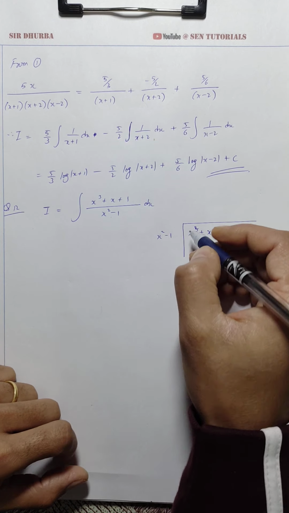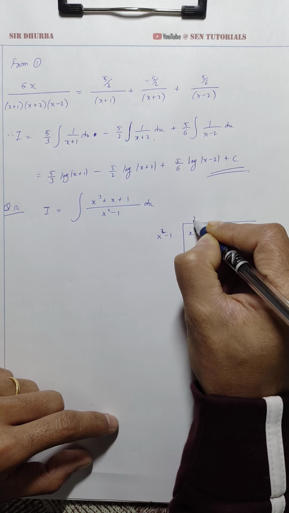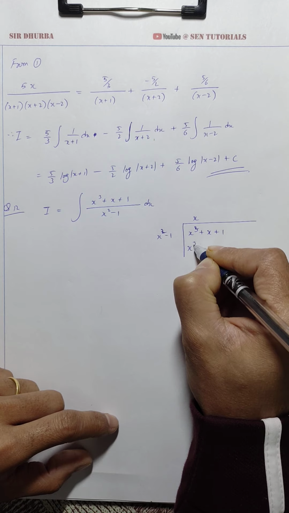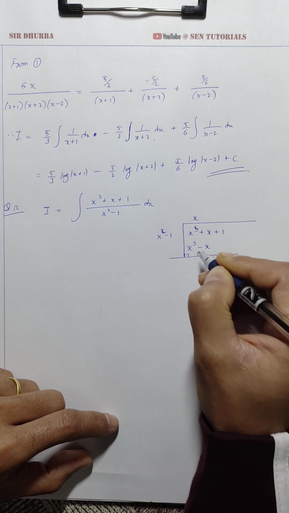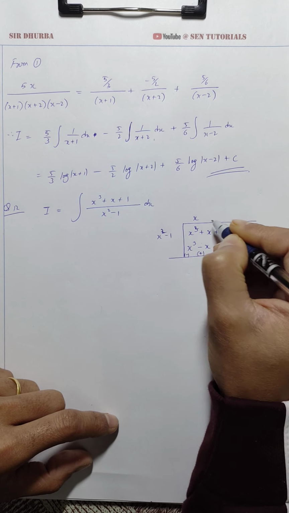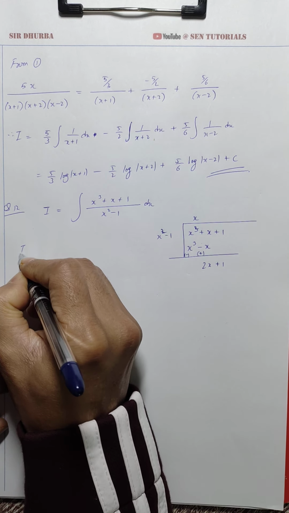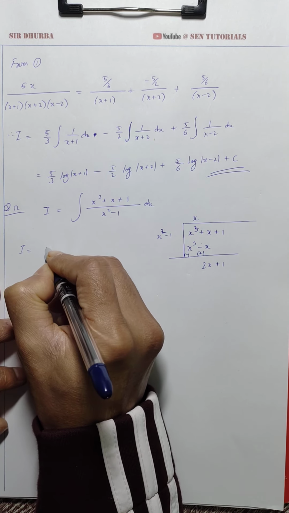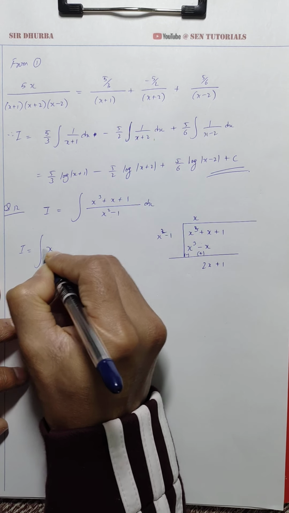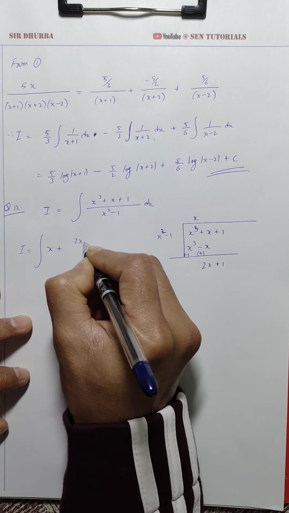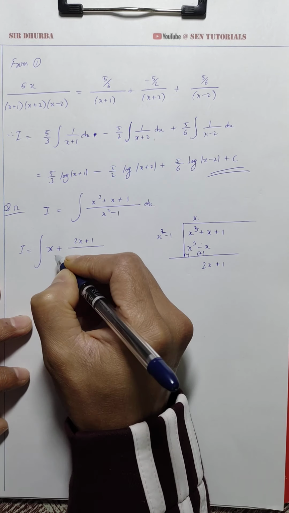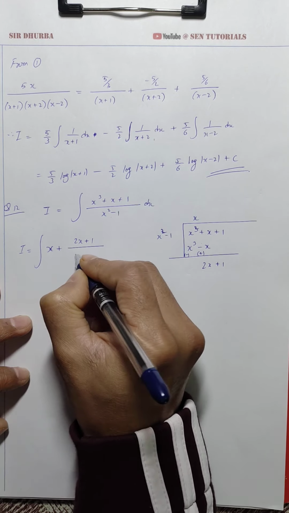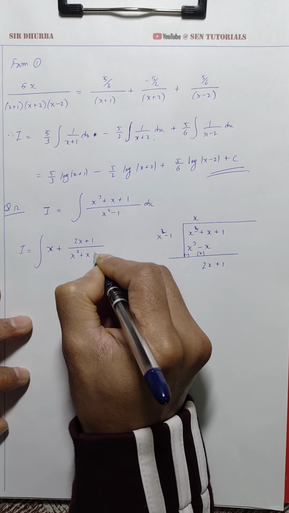Okay, so let's divide. So that's x, so that is x cube minus x. Division, I hope you know, we have already done in lower classes, plus 1. So that can be written as quotient plus remainder divided by divisor, x cube plus x plus 1.